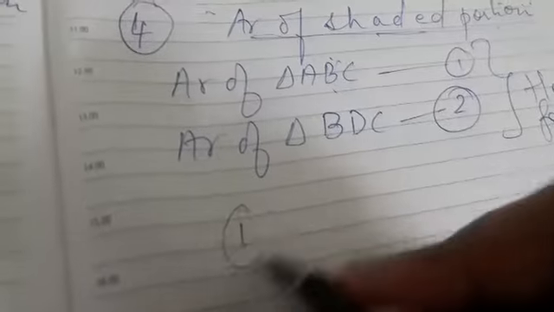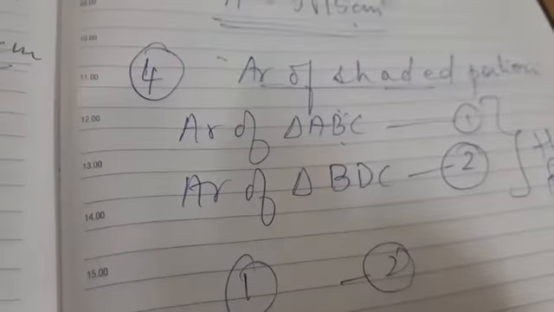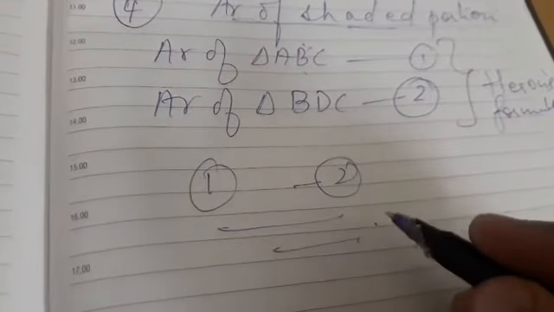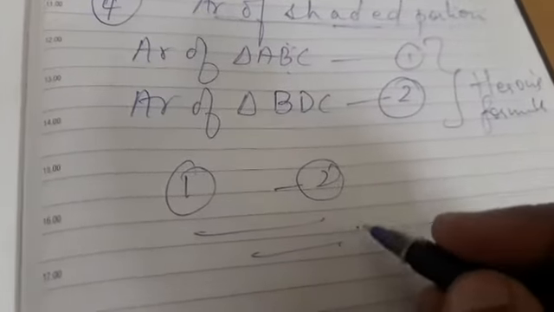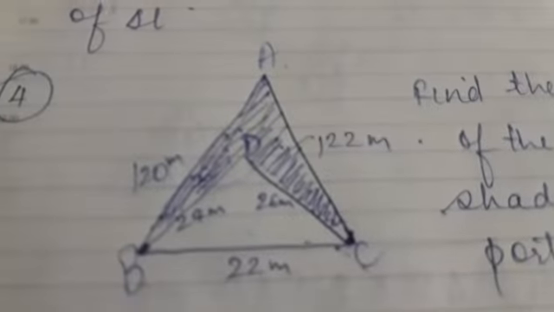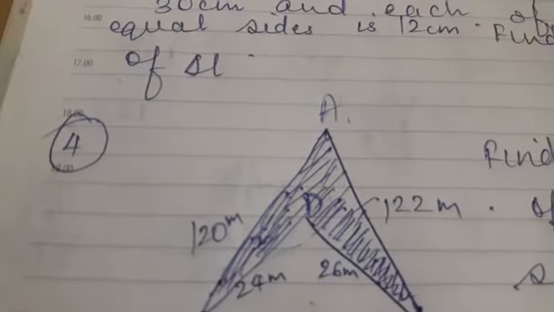So your answer will be 1 minus 2, and that answer will be in, I think, meter square. You can check the unit, and that will be your final answer. It is in meters, not centimeters, so you can write it in meter square.